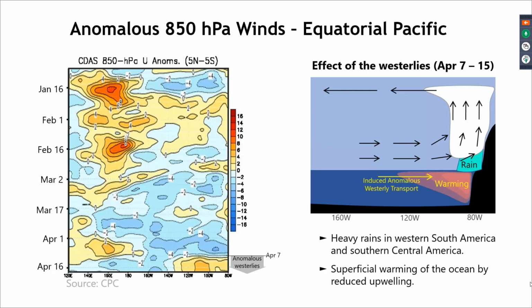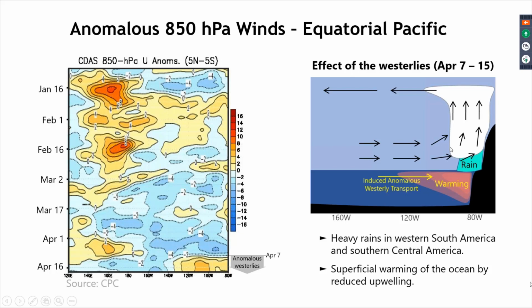And this is a quick scheme of what the Madden Julian looks like when you have an upper divergent or green area over you. What this does is induce enhanced upper divergence in the upper troposphere, and ascent in the layer, and enhanced convergence in the lower troposphere.